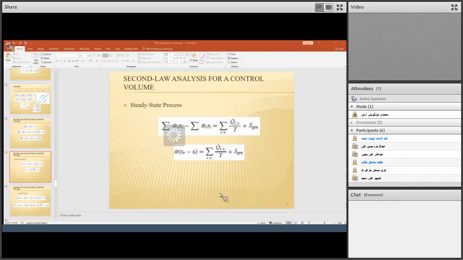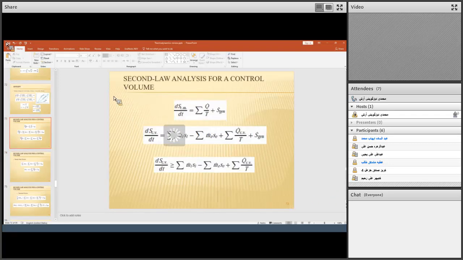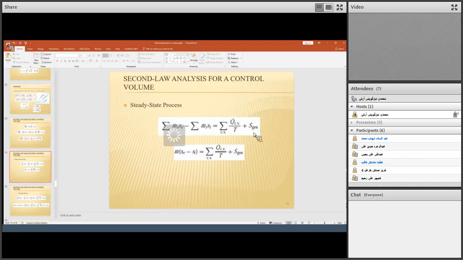For a steady state process, remember that in a steady state process, all the terms differentiated by time are 0. So the rate of every parameter is 0, and the rate of entropy inside the control volume is 0.